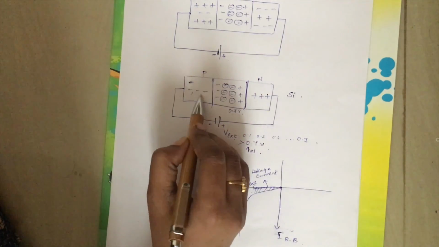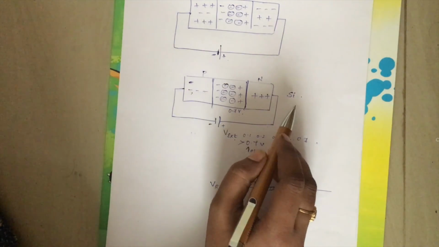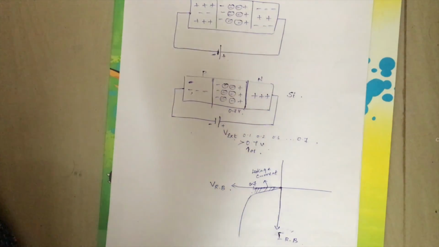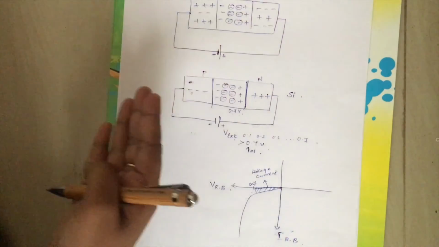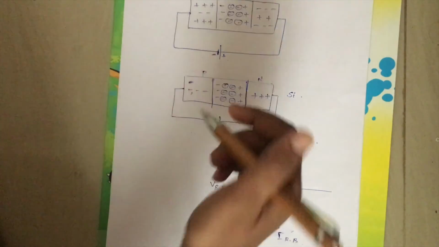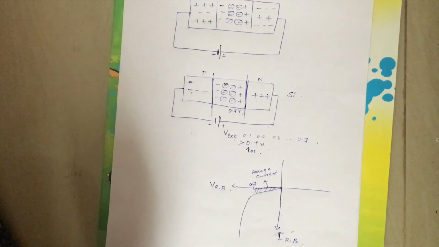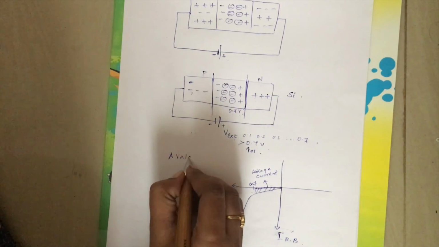Because there are only a few electrons and holes, because of that small number of electrons and holes, a small amount of current will be flowing. But what happens when you increase the voltage still more? A large amount of current will flow, and hence it damages the depletion layer, or it damages the junction, and that process is known as avalanche breakdown.